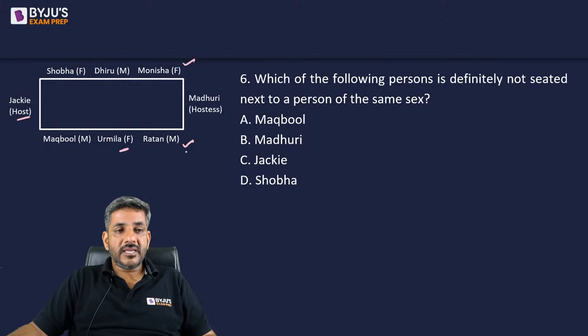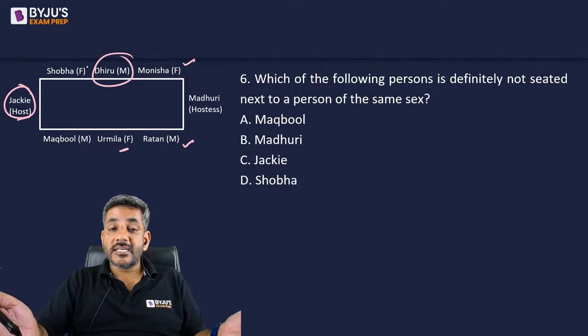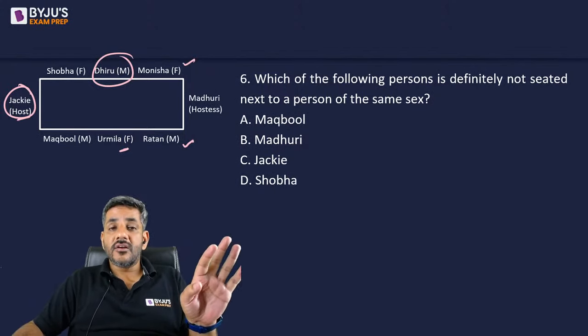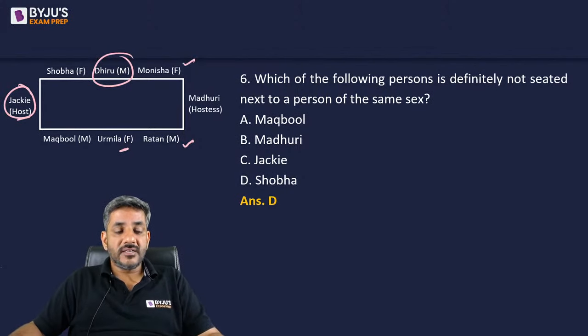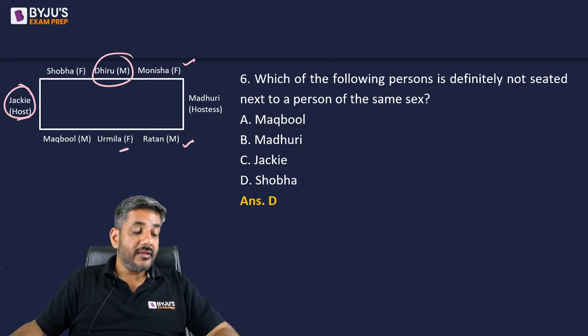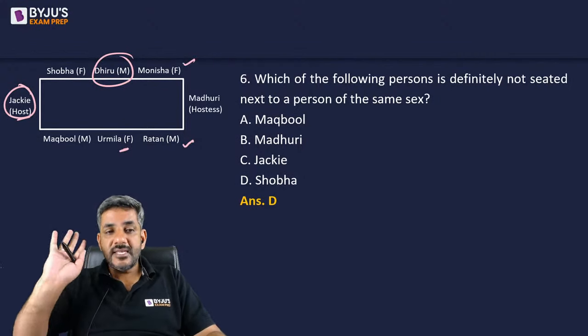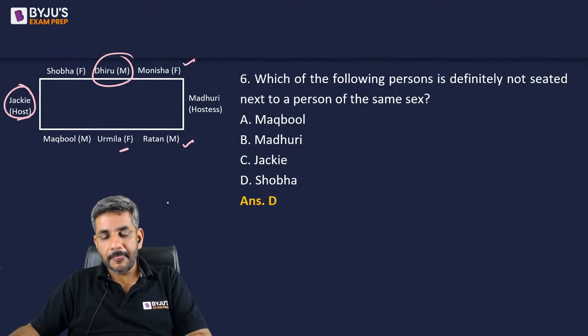No. Jackie has female on one side, male on the other side. No. Shobha is the person who has a male on either of the sides. So she does not have a person of the same sex on either side. So therefore my answer for this question is option D, that is Shobha. Shobha does not have a person of the same sex on either side.